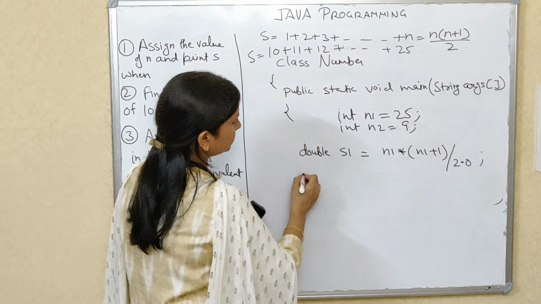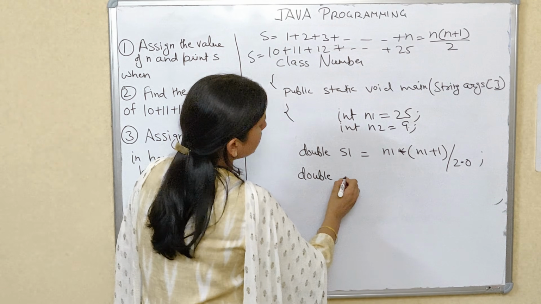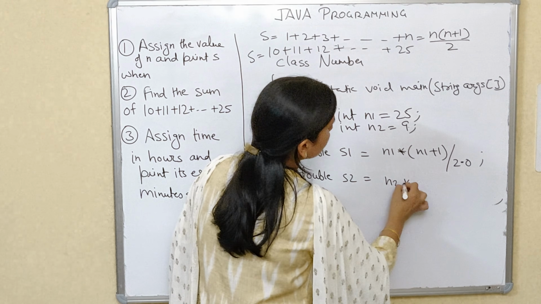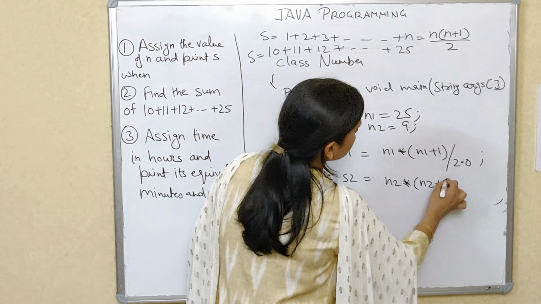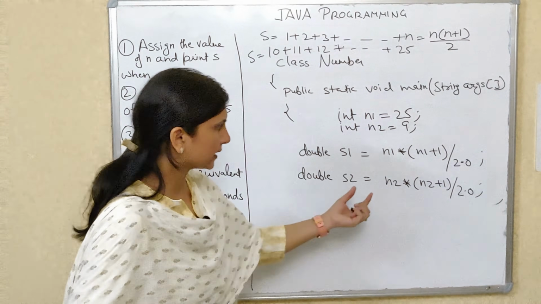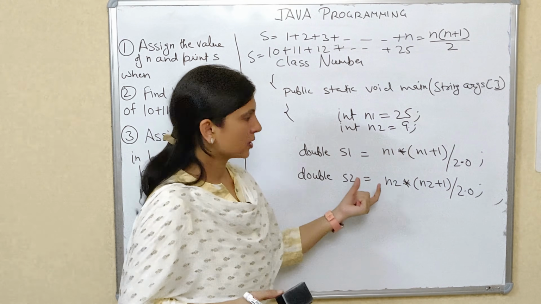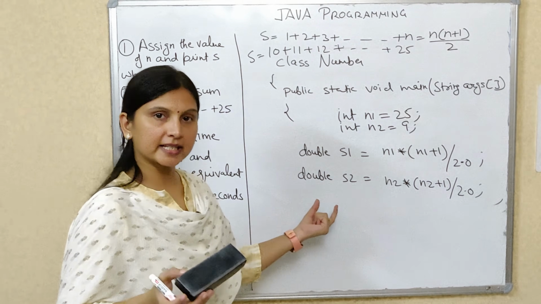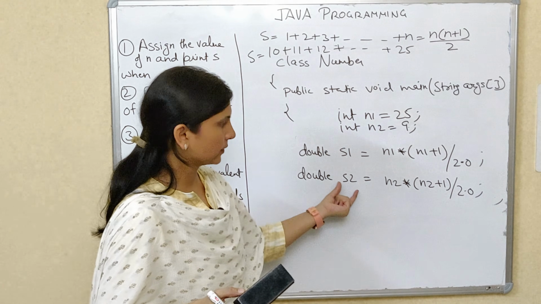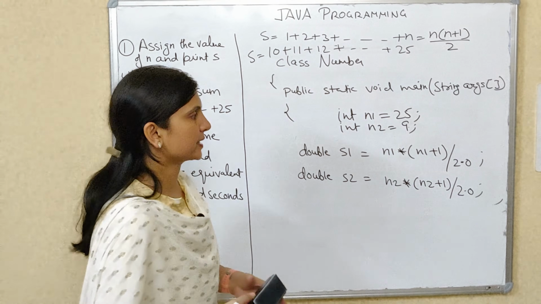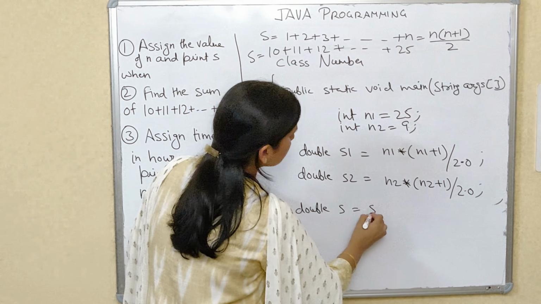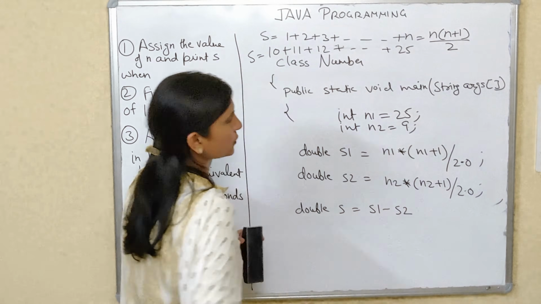Fine. Then double S2 equals n2 into n2 plus 1 by 2.0. Here I have used n2. What is n2? 9. So it will calculate the sum of the series from 1 to 9. Now if I subtract S2 from S1, I will get the sum of the series 10 to 25. So double S will be equal to S1 minus S2.